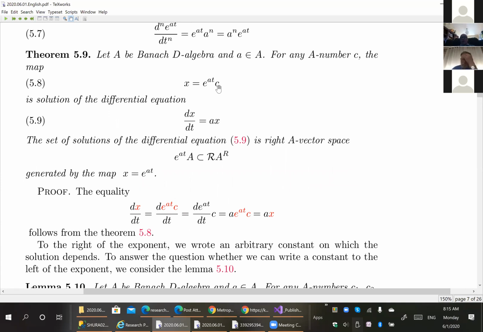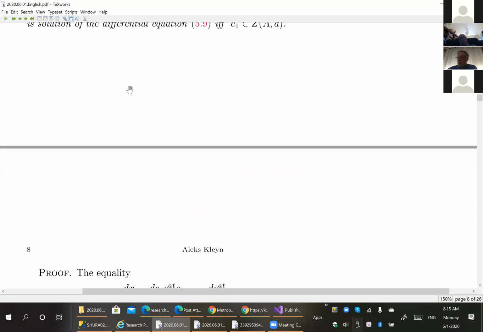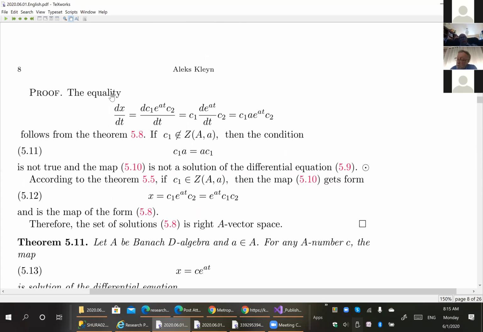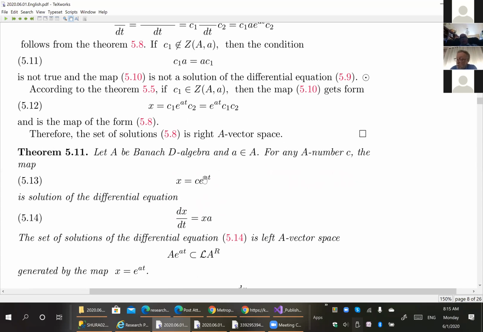So the constant should be written on the opposite side from the coefficient in the differential equation. A similar theorem is not necessary to prove because it's just a mirror expression. If the coefficient is written on the left side, then the arbitrary constant is written on the right side.